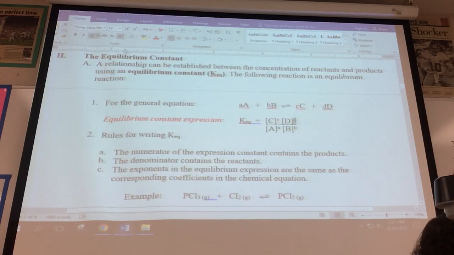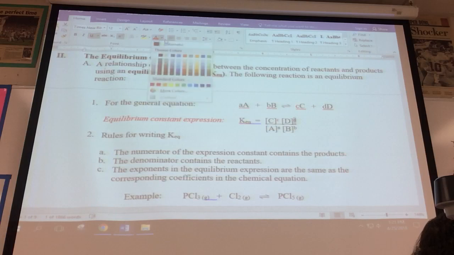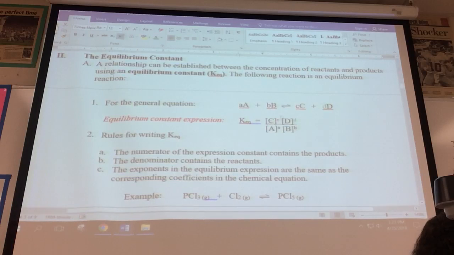But you are correct in that the stoichiometric coefficients become the exponents. And just be careful, it's the product of the product concentrations, it's the product of the reactant concentrations. Products in the numerator, reactants in the denominator.